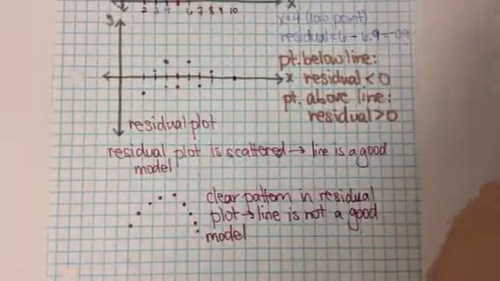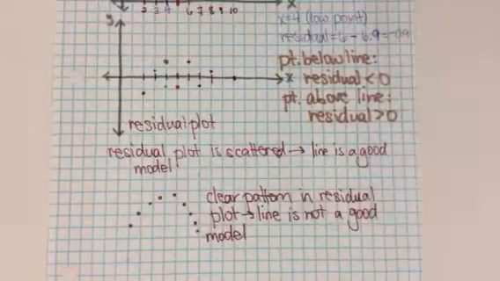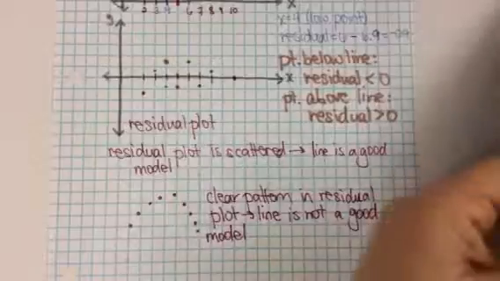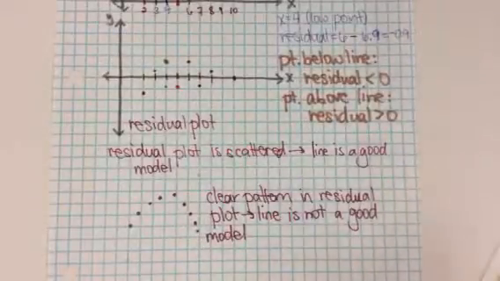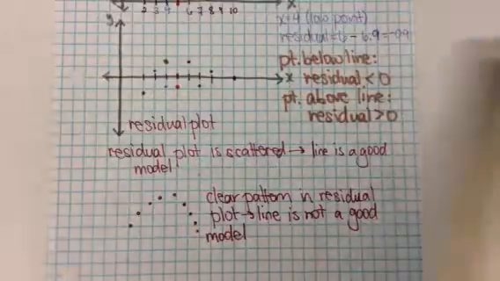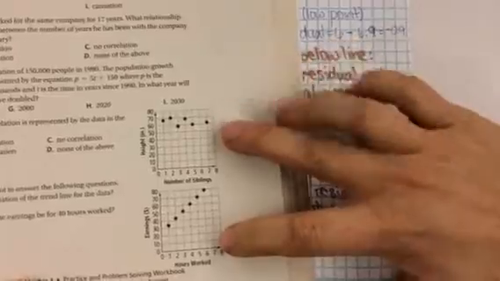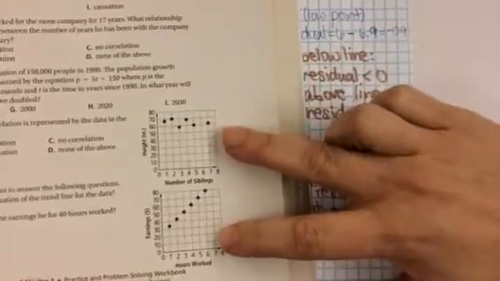So for your homework tonight, I'm grabbing the workbook page. You did page 165 last night, and you're going to take these two scatter plots and you're going to make residual plots for them.